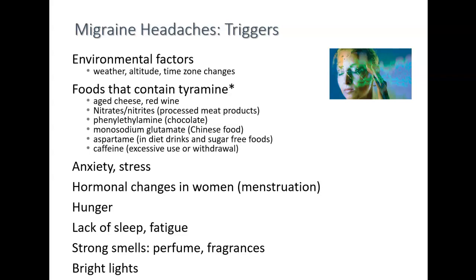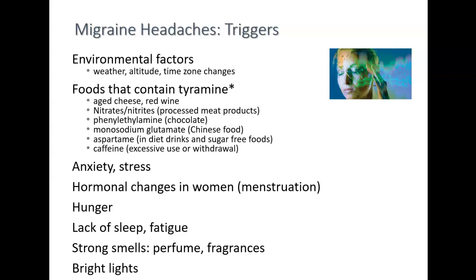Triggers. This is a really good one because knowing triggers is really helpful in terms of preventing or minimizing headaches. So environmental factors: weather, altitude, time zone changes, and again, sleep.